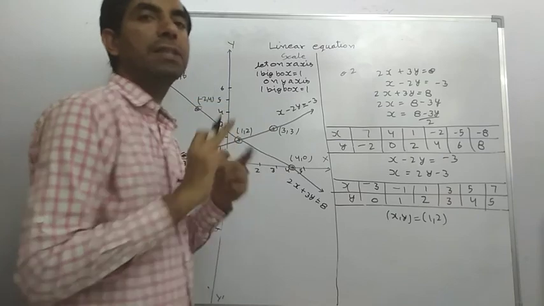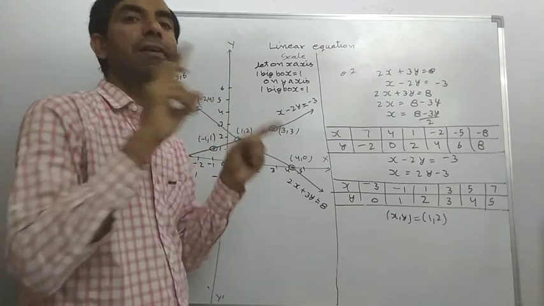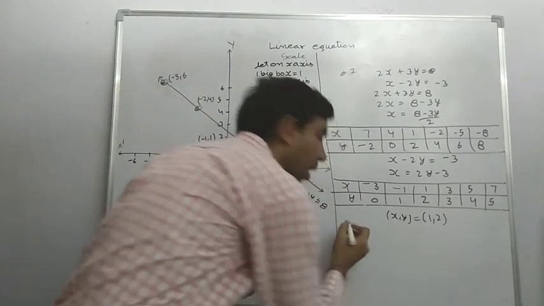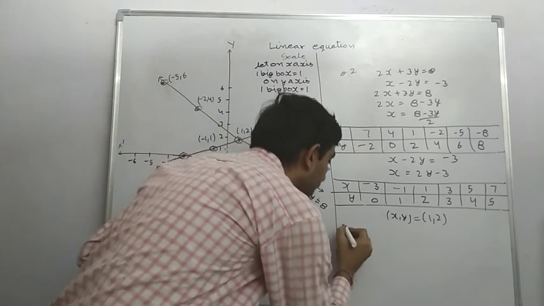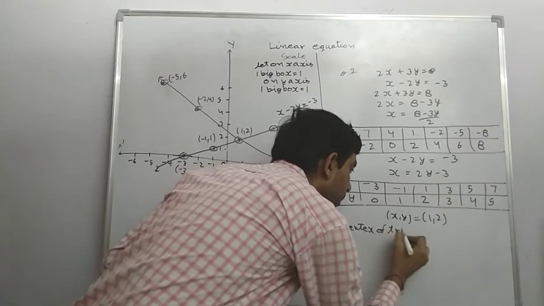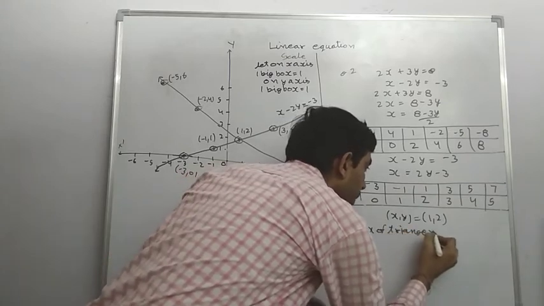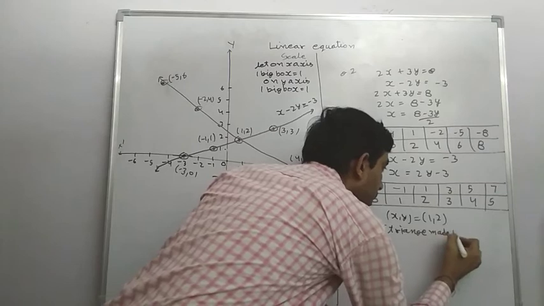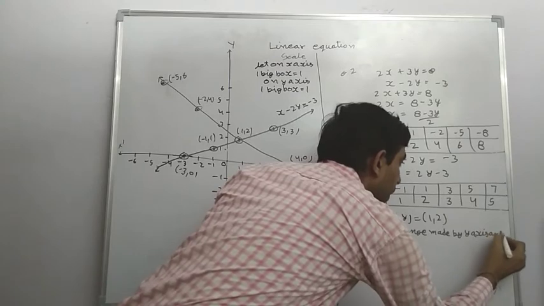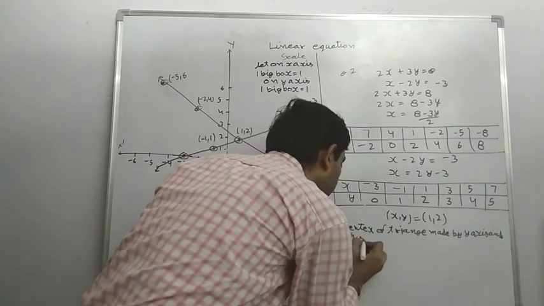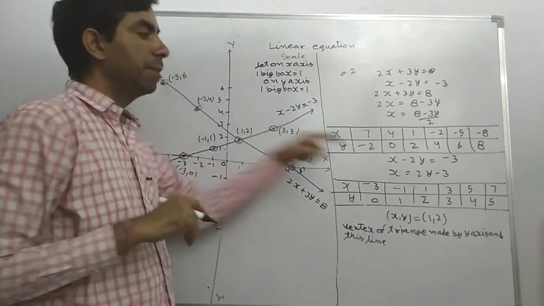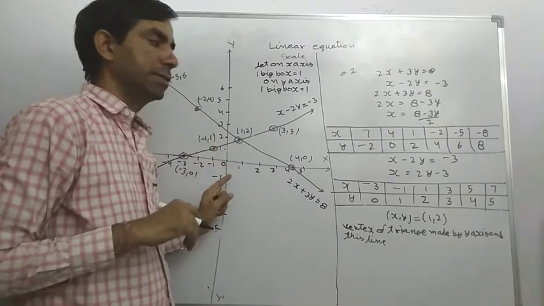If we want to find the vertices of the triangle made by the y-axis, so we write here: vertices of the triangle made by these two lines and the y-axis.